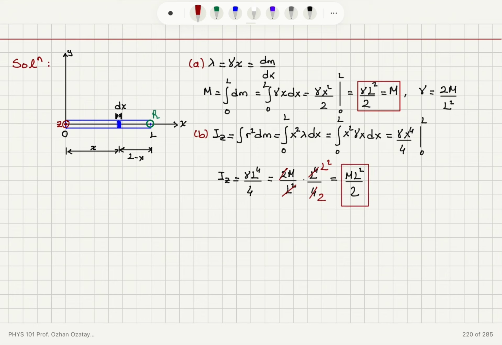Now I want to compare this to a uniform rod.